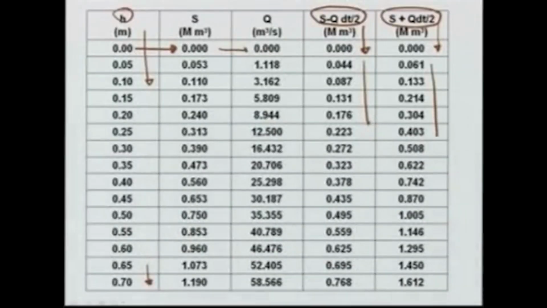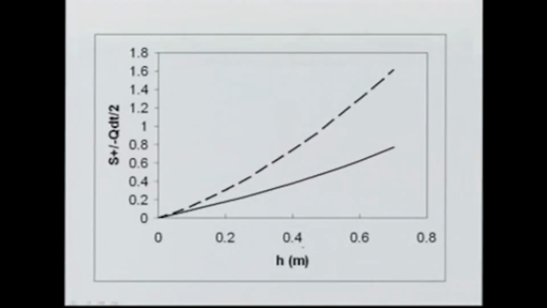And obtaining these two columns, we can plot it and show the variation of h versus s minus q delta t by 2 and s plus q delta t by 2. These two curves can be plotted, and the pulse method consists of graphically doing the computations.